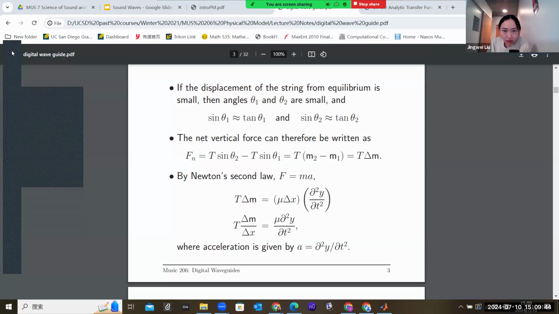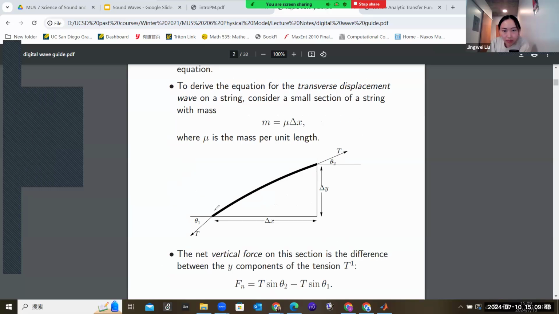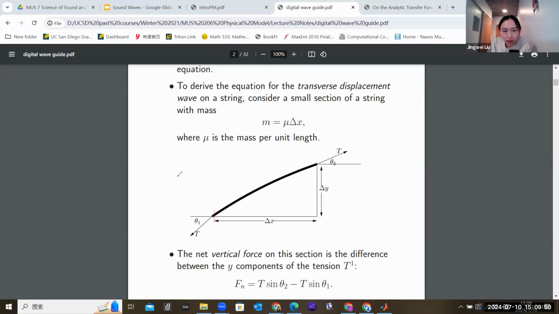We are taking this small piece of string, and we have the unit mu, which is the mass per unit length. And this string is of length dx, okay? Not really dx, but this length, but they just approximate because it's pretty small. You just use dx to approximate the length of this string. So m equals mu dx here.